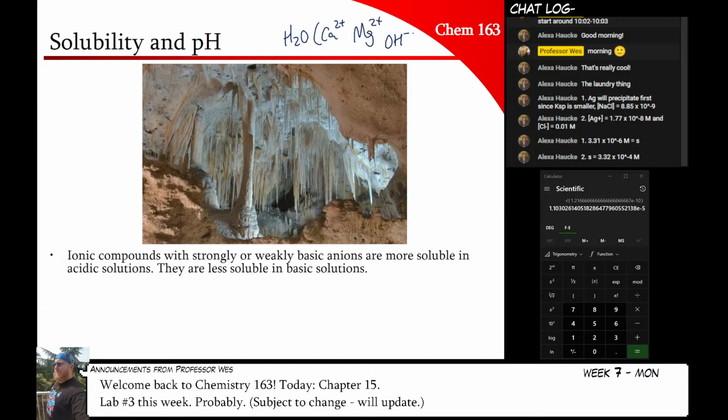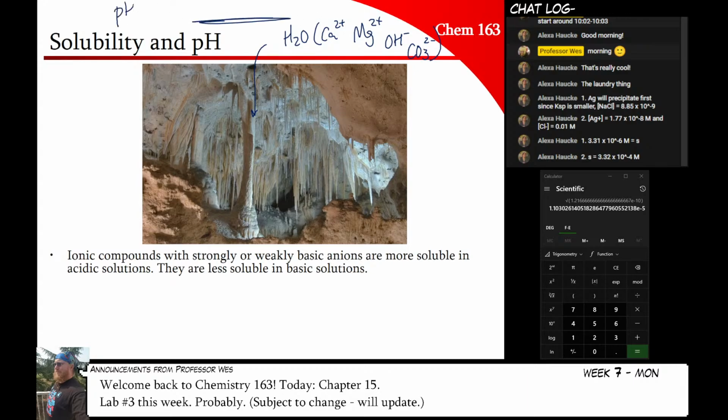For example, maybe not hydroxide necessarily, but carbonate for sure. And as it drips down here, it plates out as insoluble, and you get solids that then extend down to the floor. And any place that water drips down onto, you form stalagmites on the ground. I don't remember which one's the stalagmite and which one's the stalactite, but they eventually meet and you make a column, and it's cool.